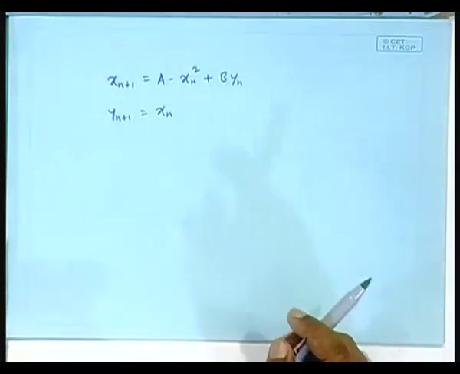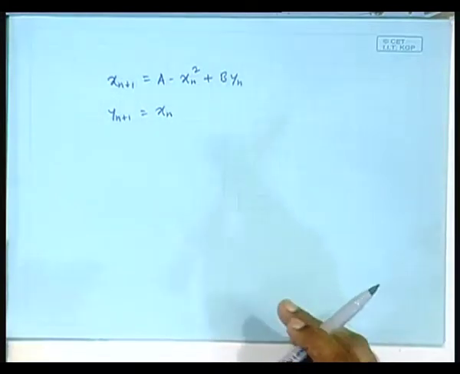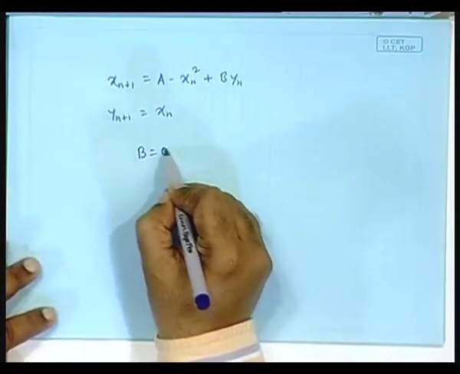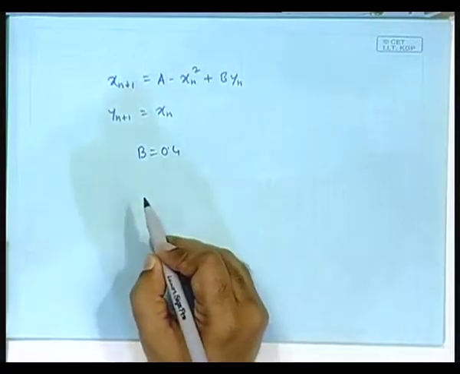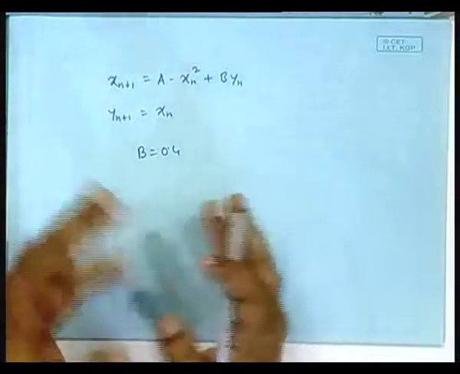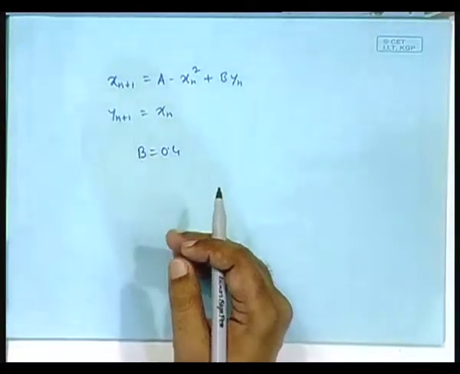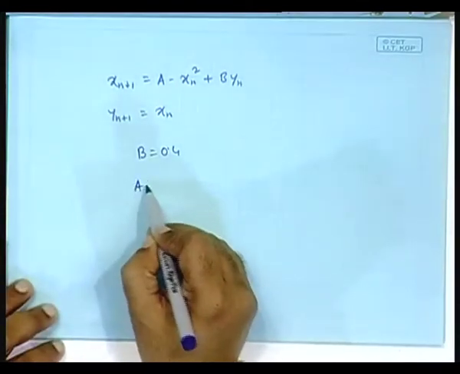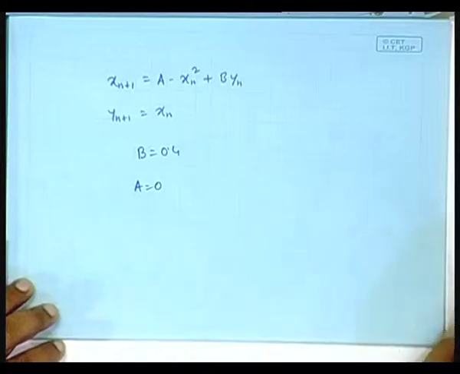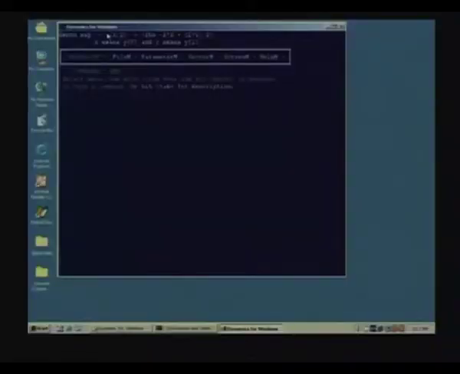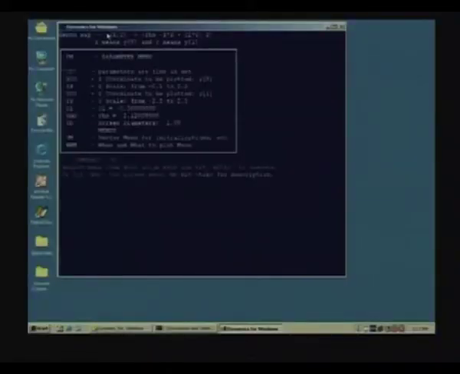For what parameter value? b is equal to 0.4, but a, we calculated it for some parameter values. Minus 0.09. Before minus 0.09 there was no fixed point. Beyond minus 0.09, say a is equal to 0. What did we conclude? What should the behavior be? Two fixed points. Okay.